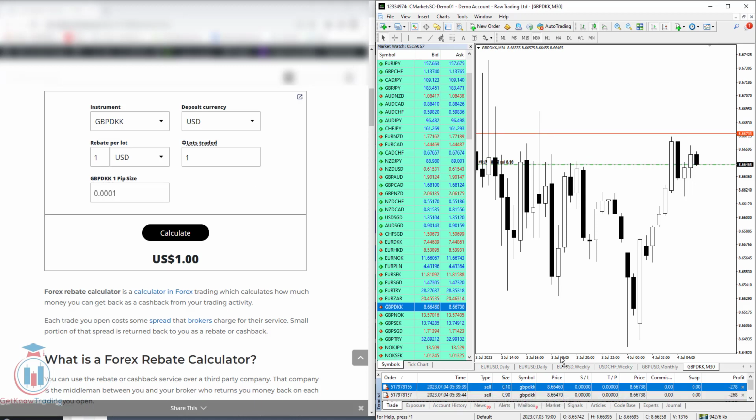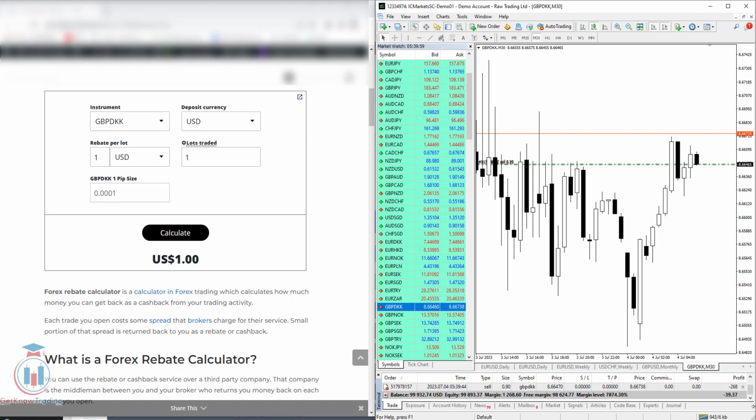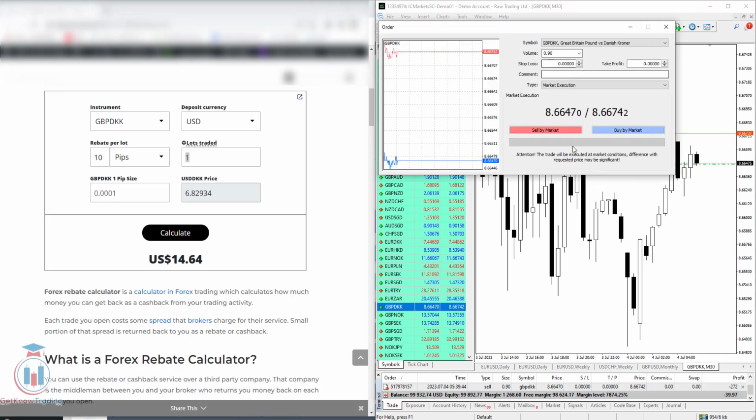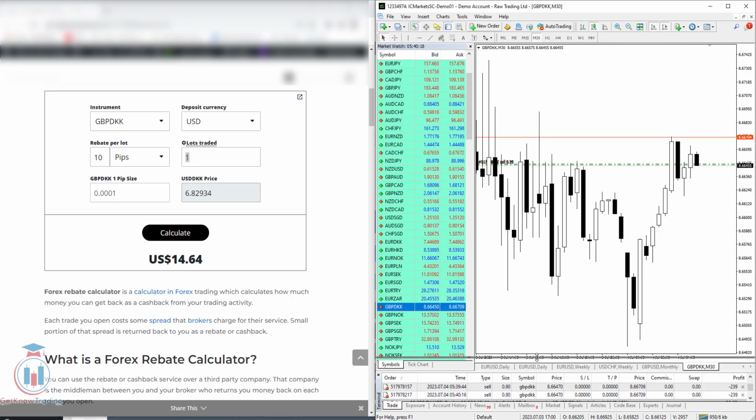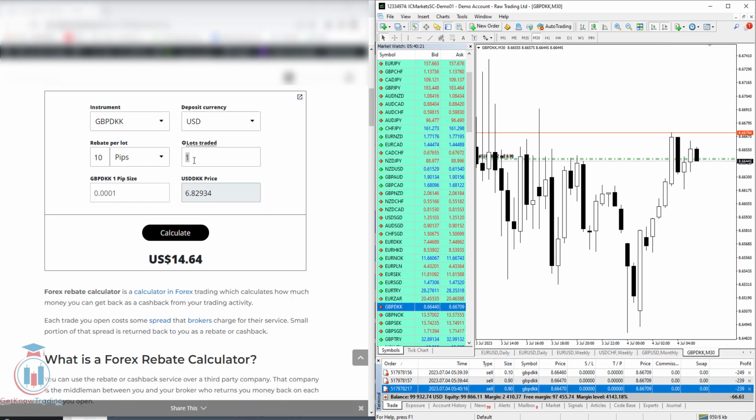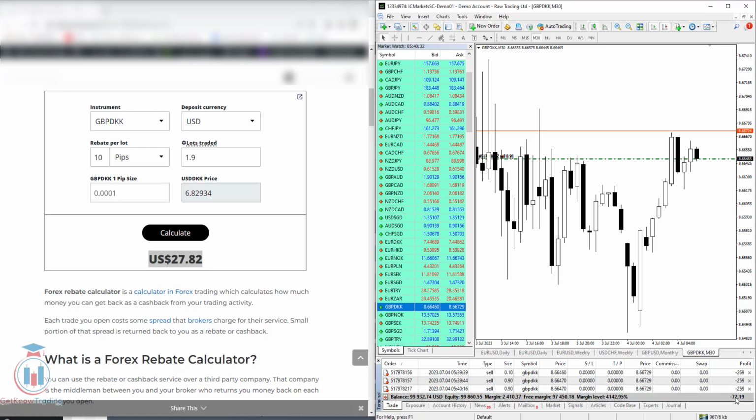So for these two trades that you have open, you have total minus $39.37 as a loss, and if you put here that you get, for example, 10 pips rebate for one lot, you get 14.64. But for example, let's say you put another trade and that is totally 1.9, you can put here 1.9 and you will get what is the value that you get back as a rebate from your company. So 27.82 you get back from this totally minus 69.41.